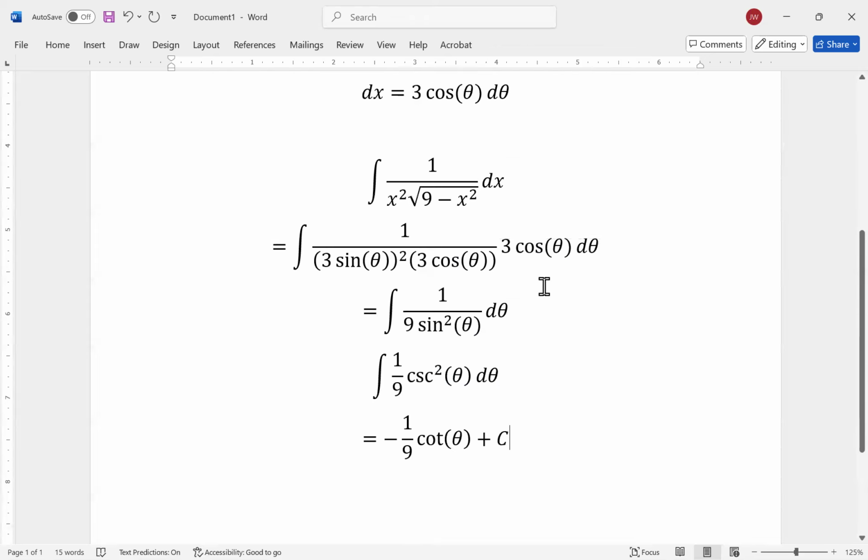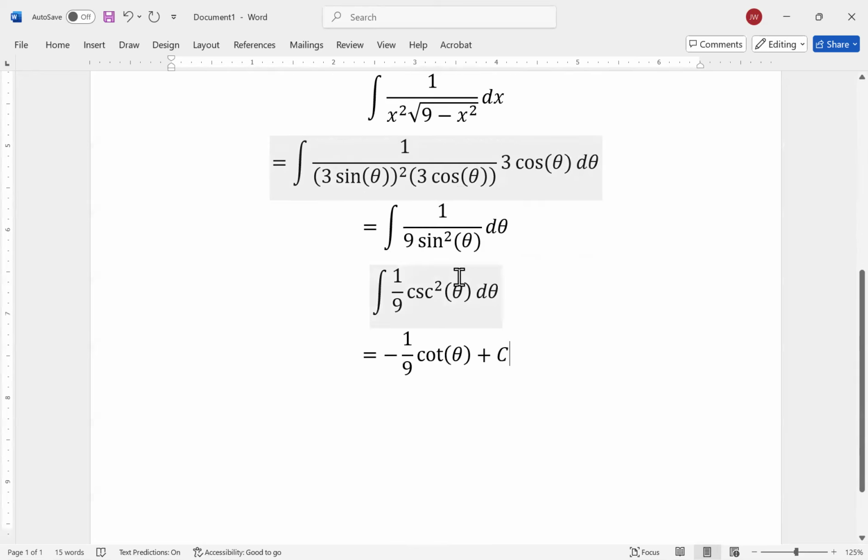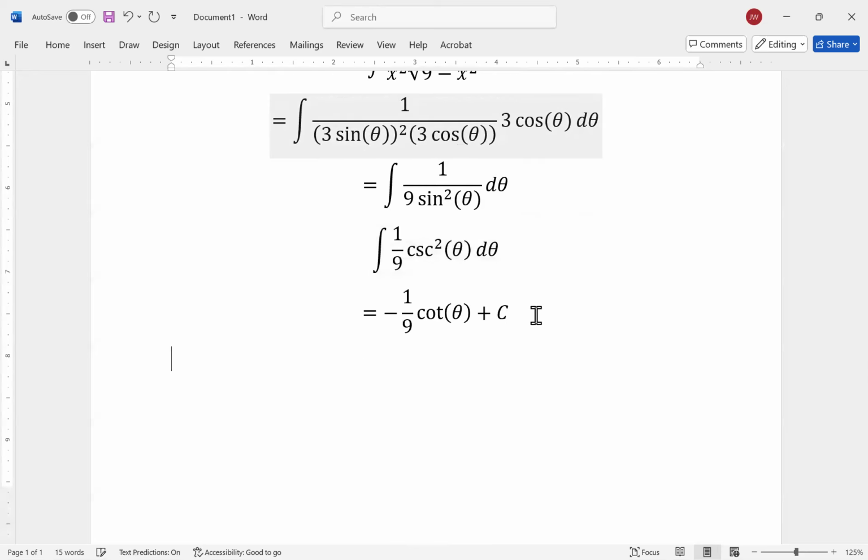And the reason I'm saying that is because my original substitution was in terms of sines and cosines. So what I'm going to end up with is negative 1/9. Again, cotangent is equal to cosine over sine.